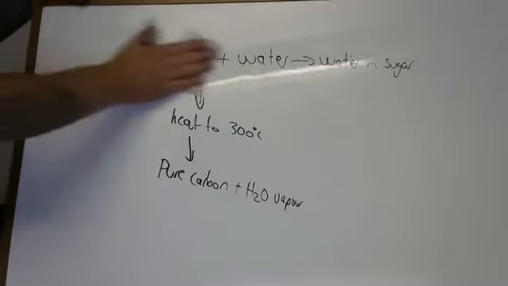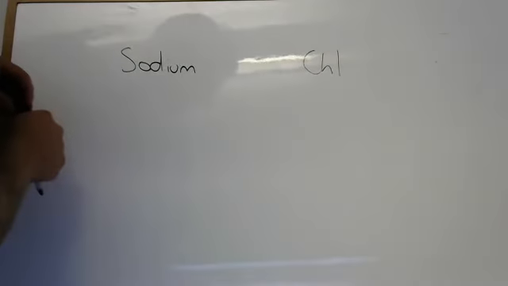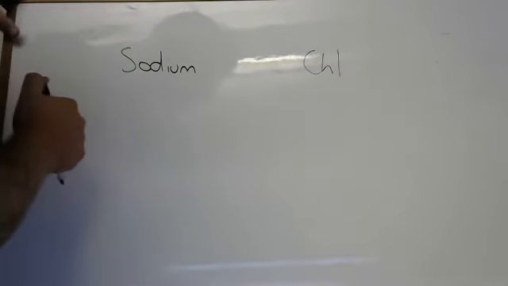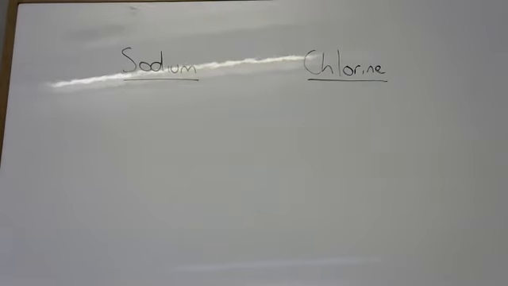The number one rule is that the chemical properties of compounds are very different to the chemical properties of what makes up the compound. So classic is sodium chloride. Sodium is a group 1 metal.